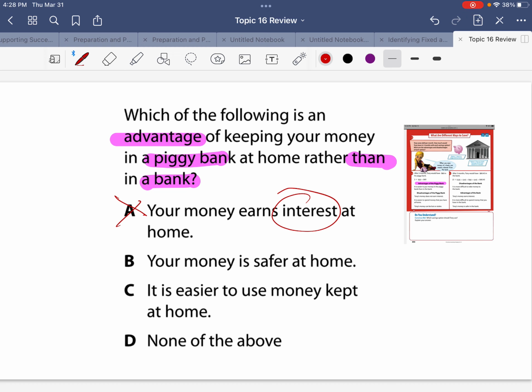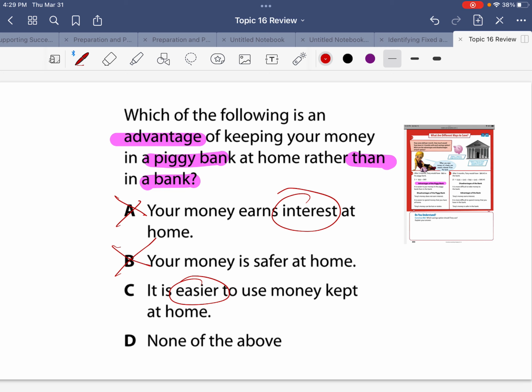That's not true because, God forbid, if somebody robs your house or robs your piggy bank, you cannot get that money back. Whereas if somebody robs a bank, you can get that money back. So it's not B.